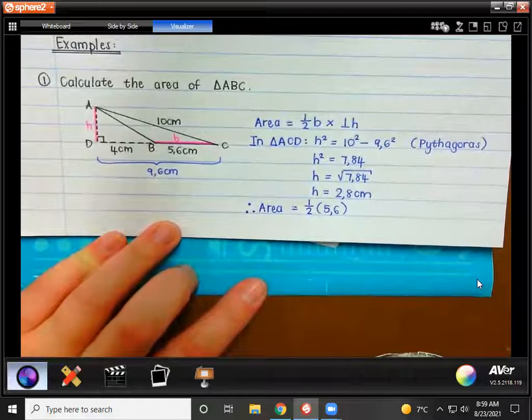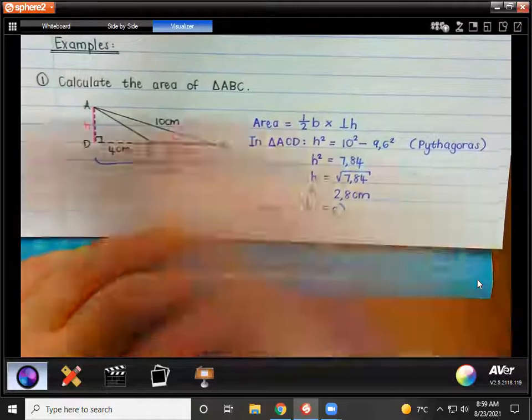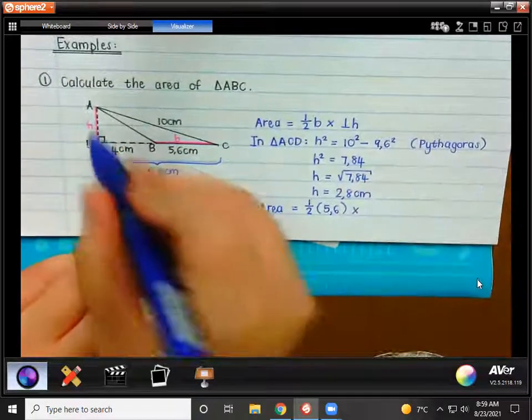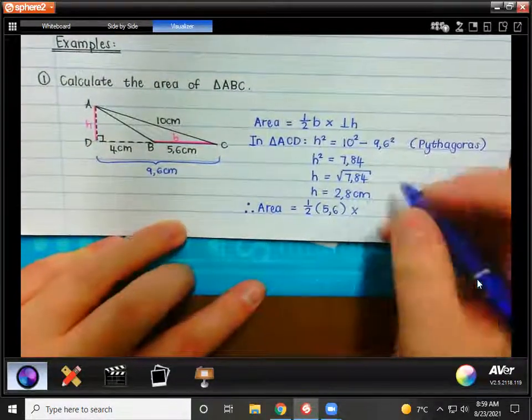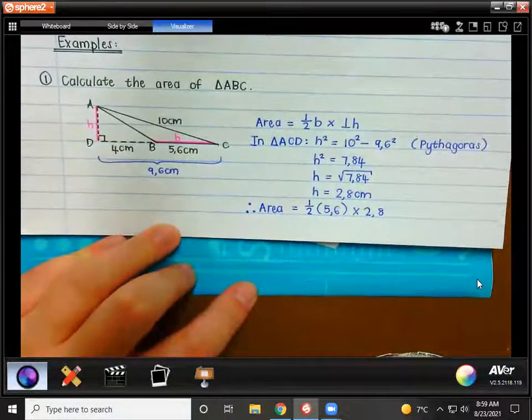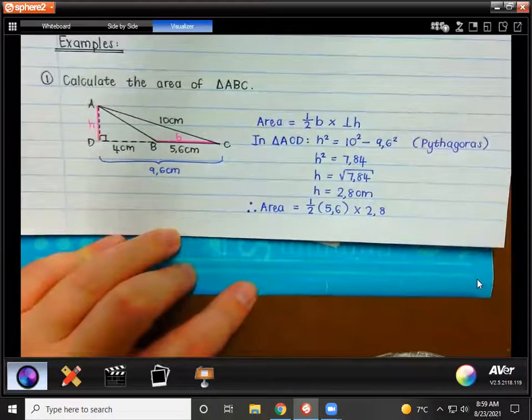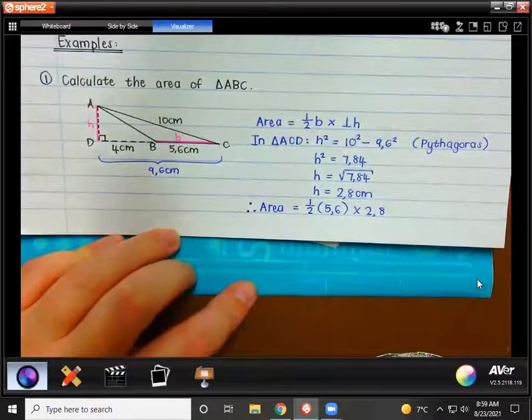But you can also say half times 5.6 using the times symbol if you want. And then we multiply that by the perpendicular height, which we just calculated as 2.8. All right, or you can put that 2.8 in brackets as well. It's up to you, it doesn't really matter.